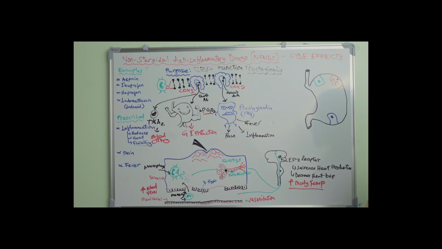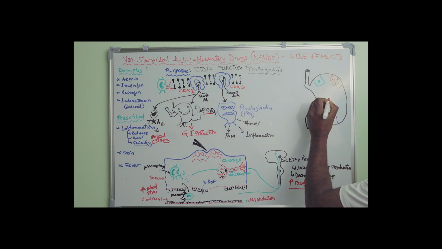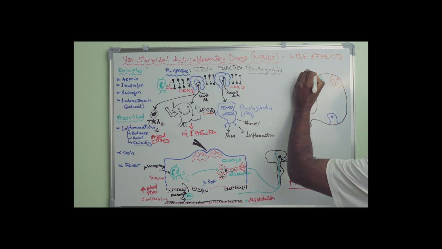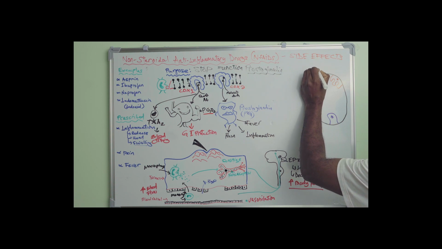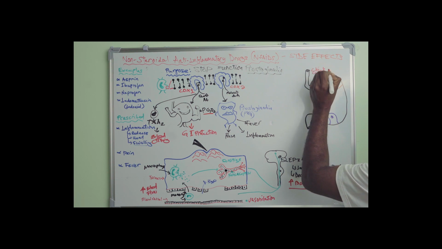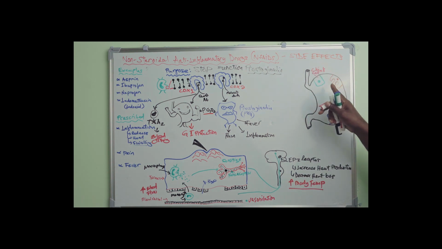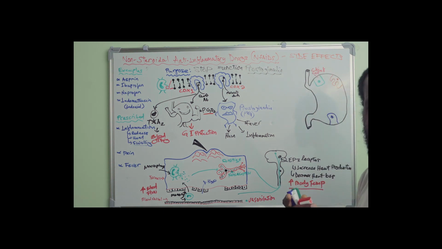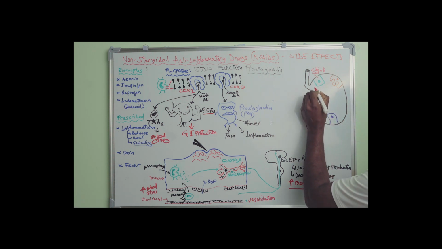Okay, in the stomach we have a couple of cells, and I will talk about three of them. Lining the stomach, we have this cell here, called the chief cell.